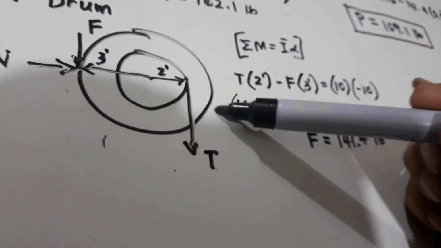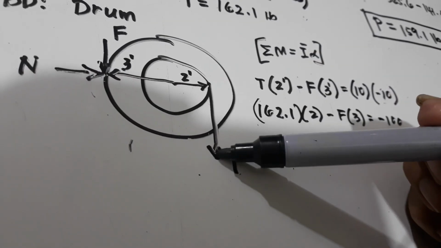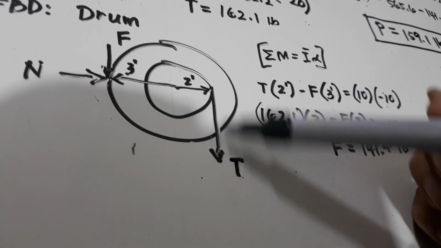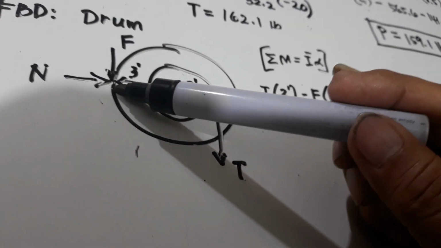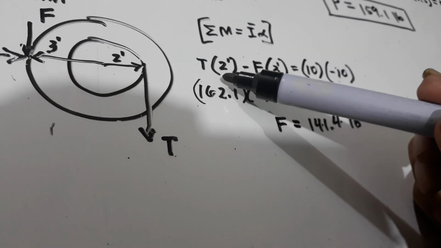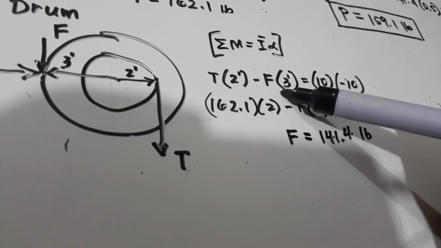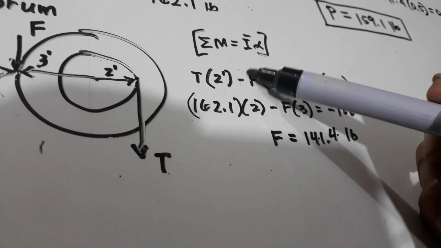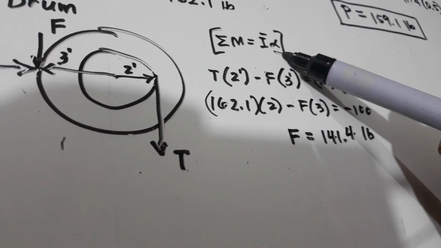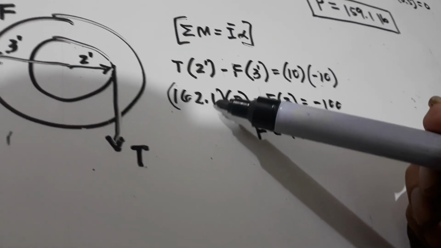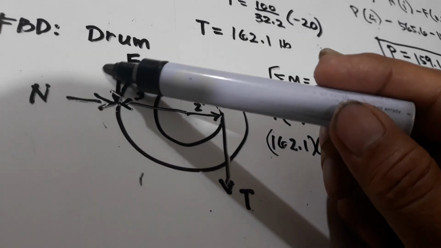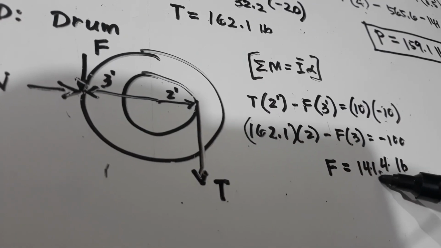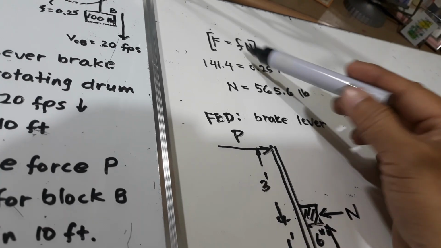The moment caused by T is T times the radius of 2 feet, and caused by F it is F times 3 feet. So T times 2 minus F times 3 is equal to 10 times alpha, which is negative 10. Substituting values, the frictional force F is 141.4 pounds.